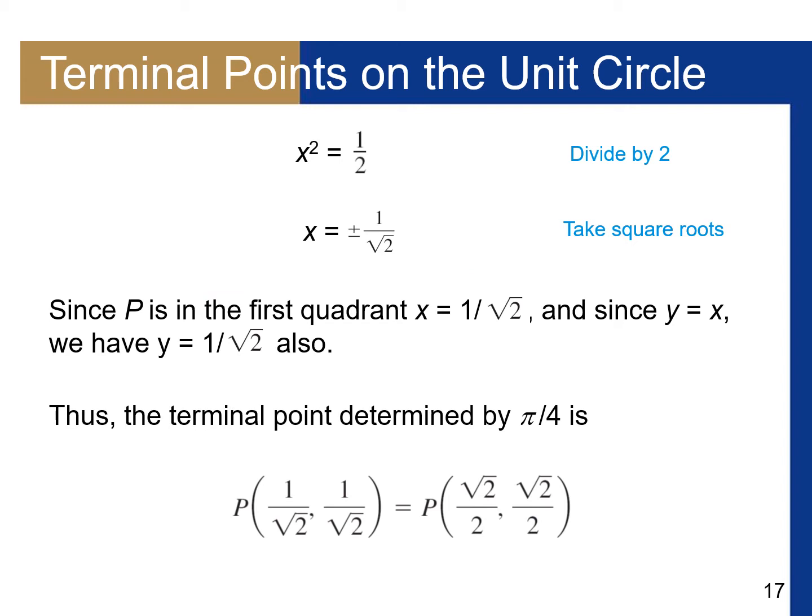Of course, I'm going to rationalize this by multiplying by the square root of 2 over the square root of 2, because I don't want to leave that denominator on the bottom.